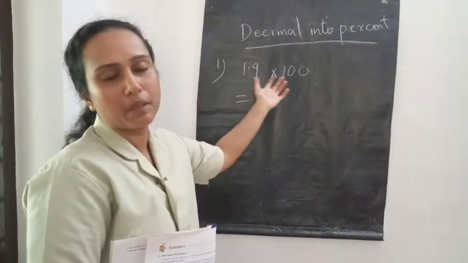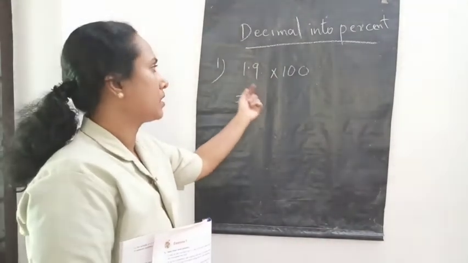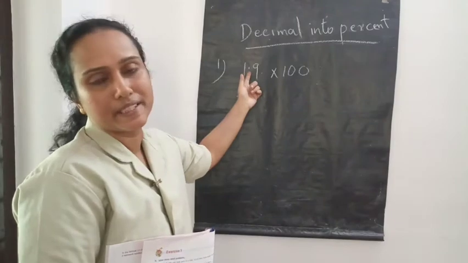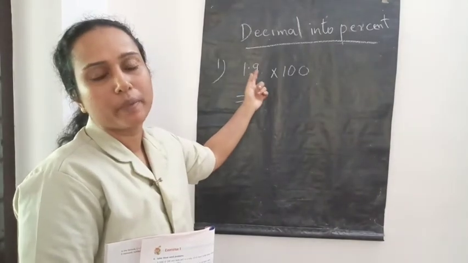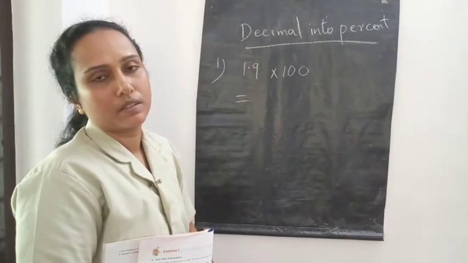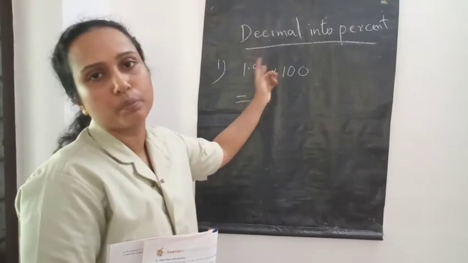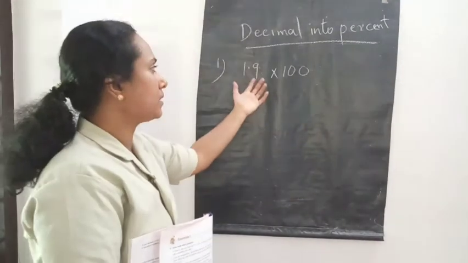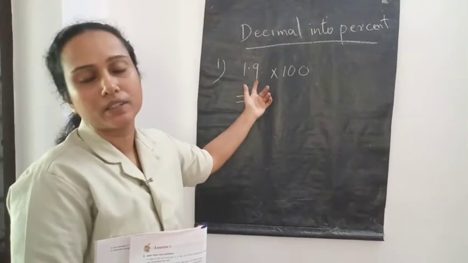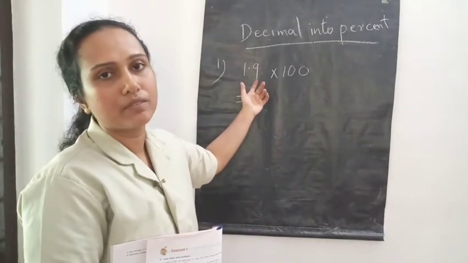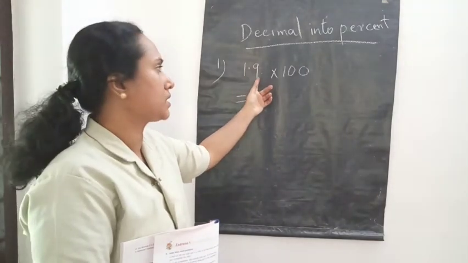Multiplying a decimal by 100 means moving the decimal point 2 places to the right. Here after the decimal point there is only one digit. Then we add a 0 after this digit.